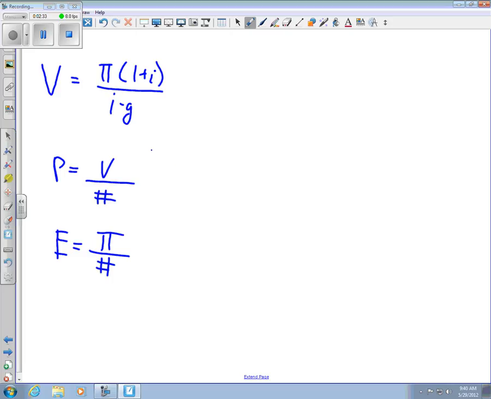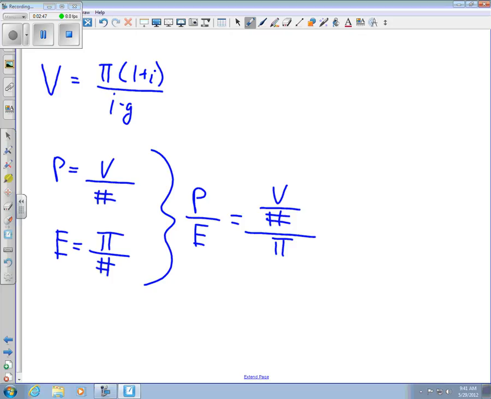If we put these two together and divide them, the price earnings ratio is just equal to value divided by the number of shares over the profits divided by the number of shares, and that will cancel out to be the value over the profits.